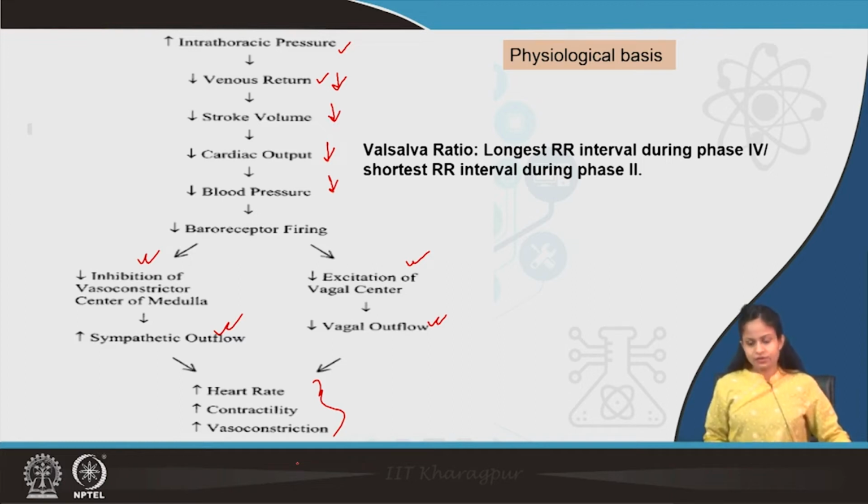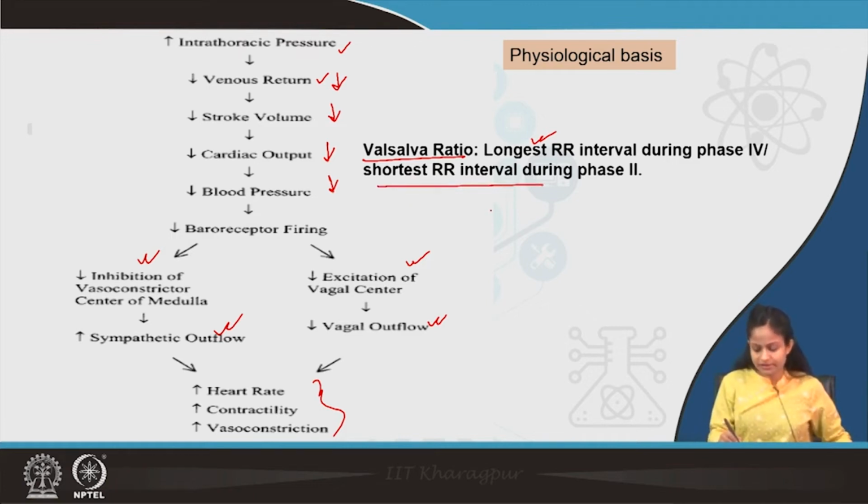Now, what we check for this Valsalva maneuver is the Valsalva ratio. We check for the longest RR interval during phase 4, that means when the strain is already released, and the shortest RR interval during phase 2.